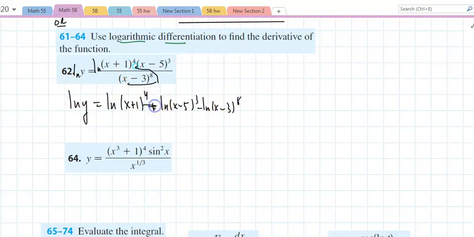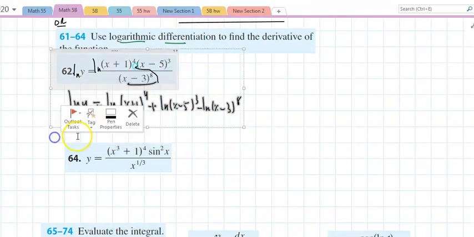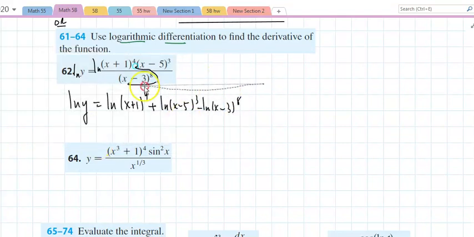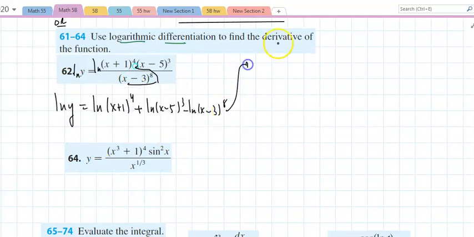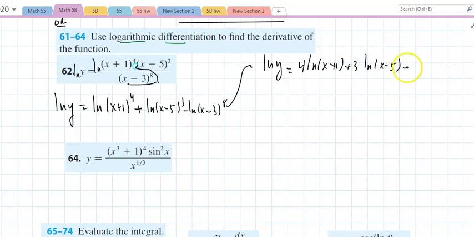Not only that, I'm going to take this even a step further and say natural log of y is actually 4 times natural log of (x plus 1) plus 3 times natural log of (x minus 5) minus 8 times natural log of (x minus 3).